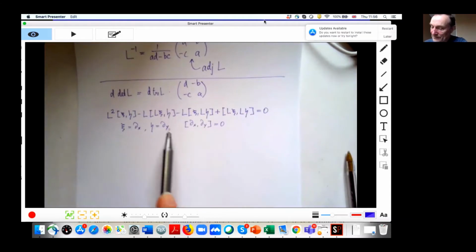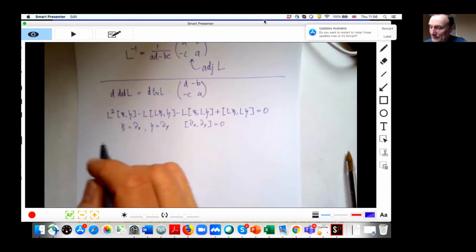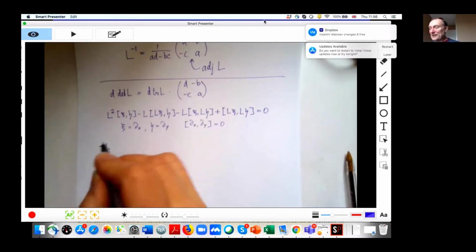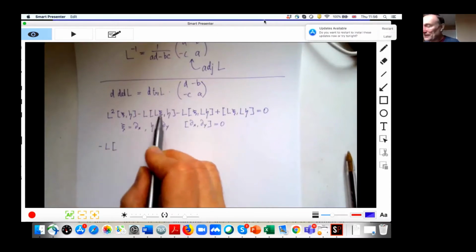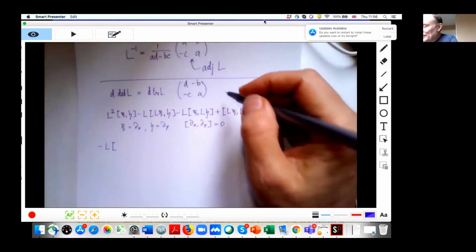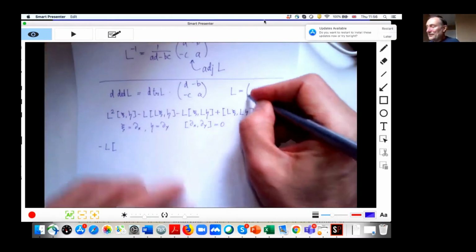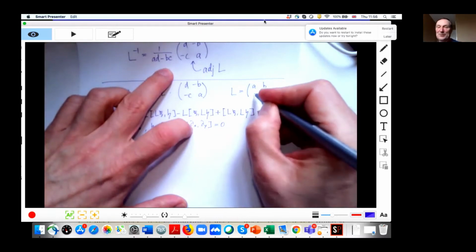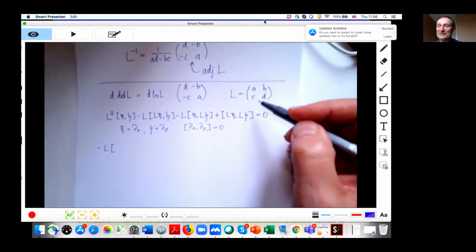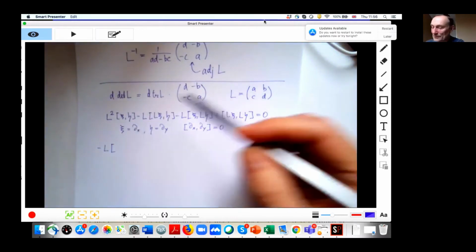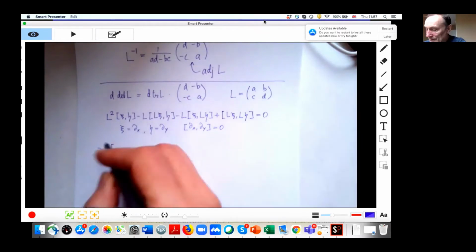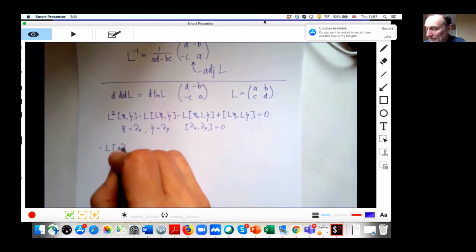Then, what is L xi? I take my operator L, so L is A, B, C, D. If I apply this operator to the first basis vector, I will get A, C, that's the first column. So this is A d/dx plus C d/dy.